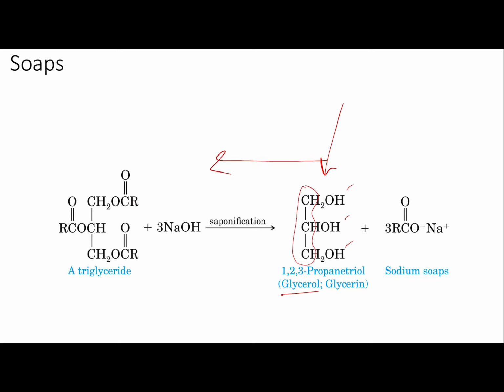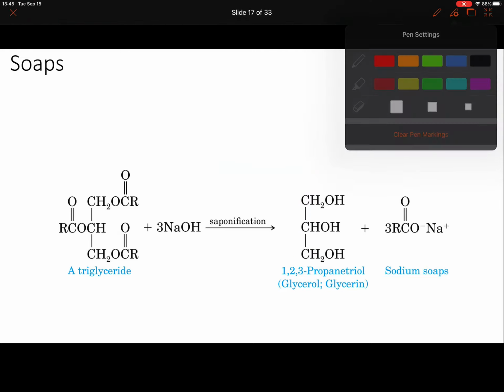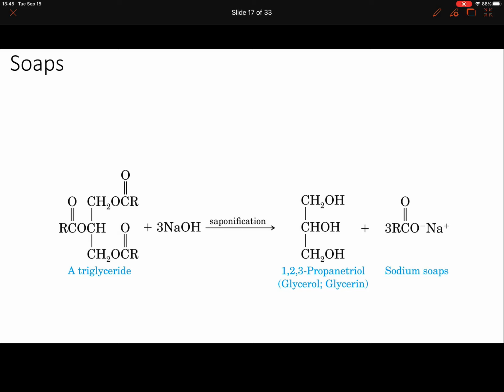And when you react glycerol with 3, let's say, fatty acids, well, actually, this diagram is not going to show you guys what I want to show you. But when we have glycerol and 3 fatty acids react together, we can form a triglyceride. And we'll look at that reaction later on. A triglyceride is what we have in our bodies. And triglycerides are what we get when we eat animal fats.